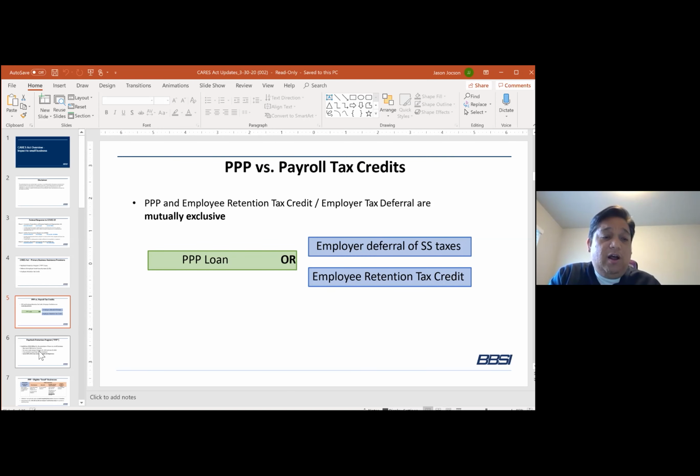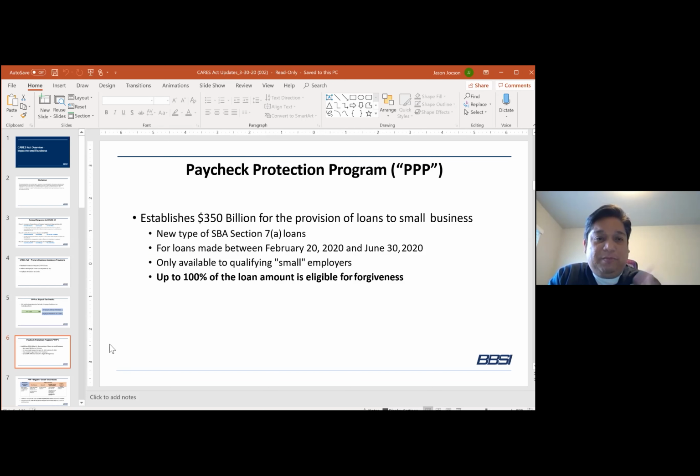The Payroll Protection Program establishes $350 billion for loans to small businesses made between February 20th and June 30th of 2020. So you have to apply by June 30th, and it's only available to qualifying small employers. Up to 100% of the loan is eligible for forgiveness, which is basically a grant.